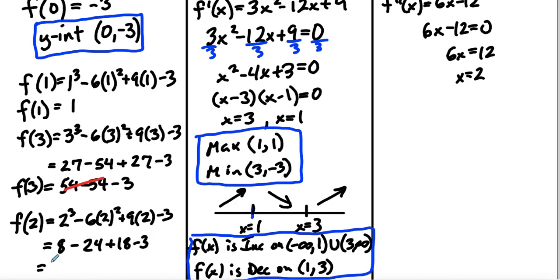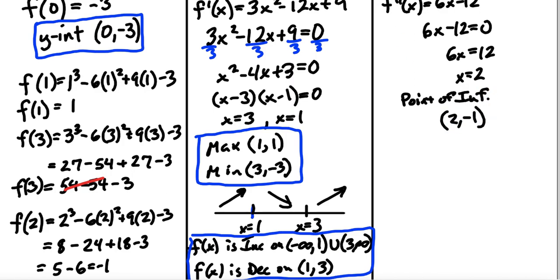Well, that's going to be, yeah, so we're going to have 8 minus 3 is 5. Negative 24 plus 18 is minus 6. And we got negative 1. So we got our point of inflection, only have 1. Point of inflection, right, is going to be 2 comma negative 1.